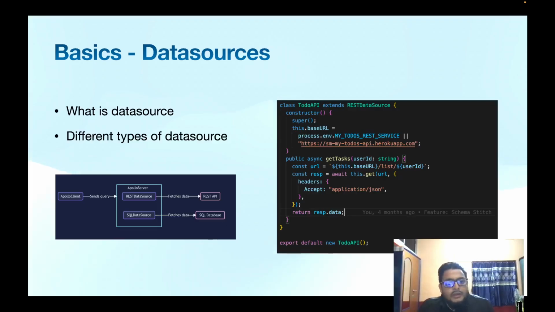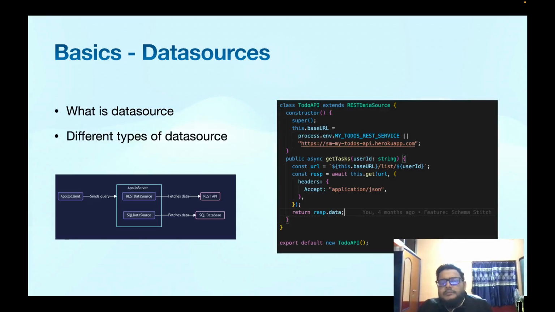Now we will discuss data sources. Till now, we have an idea about resolvers, schema, all those things. Sometimes, based on the requirements, we need to fetch data from different sources.